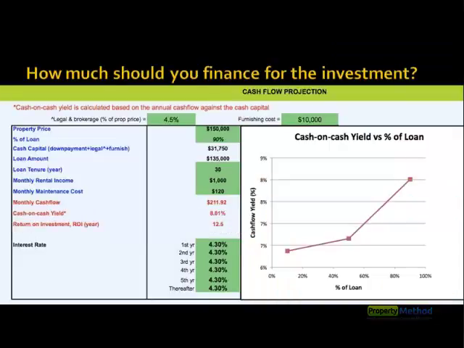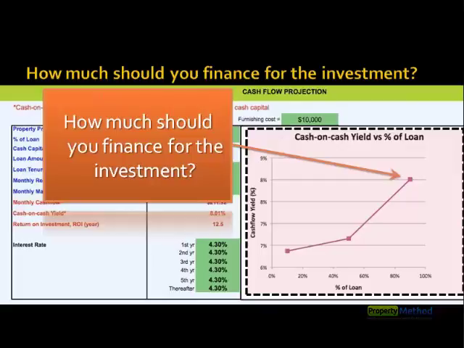Here, come to this point, there's a more important question that always comes to us when we want to buy a property. How much should we finance or borrow for the investment? That is the purpose of the chart that we see from this spreadsheet. The chart in this spreadsheet gives us a clearer answer to that question.